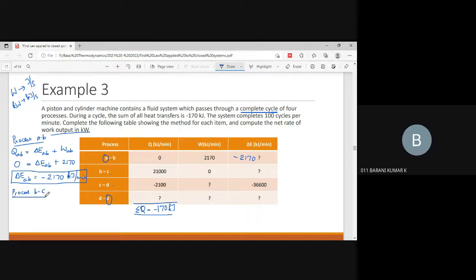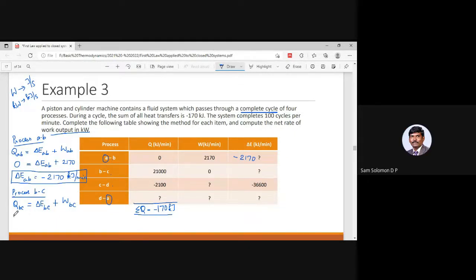QBC equal to delta EBC plus WBC. So what am I supposed to find out here? Internal energy BC, sir. Okay.